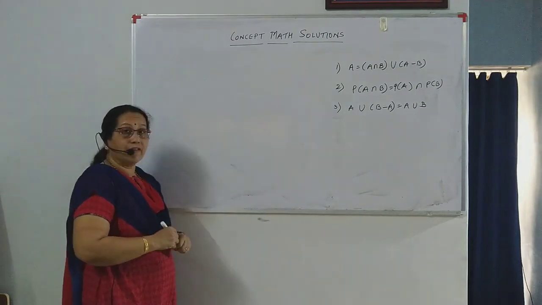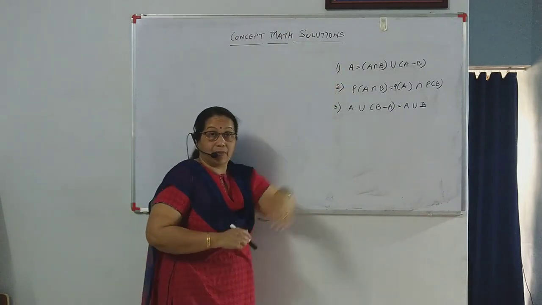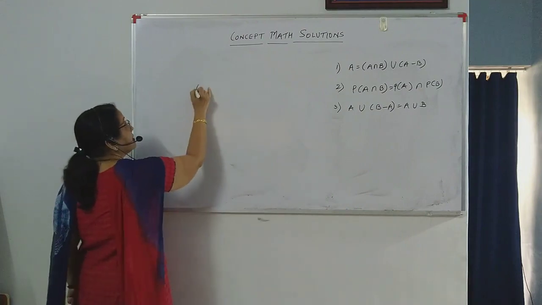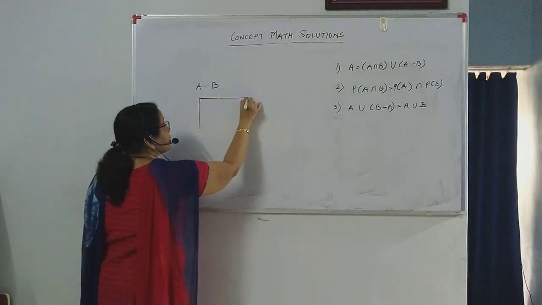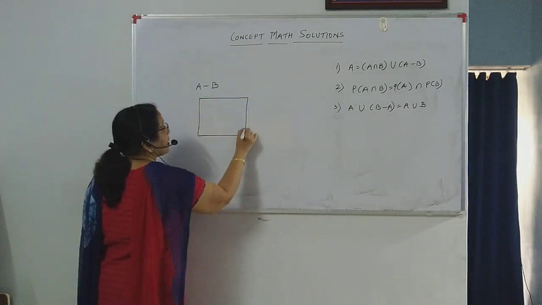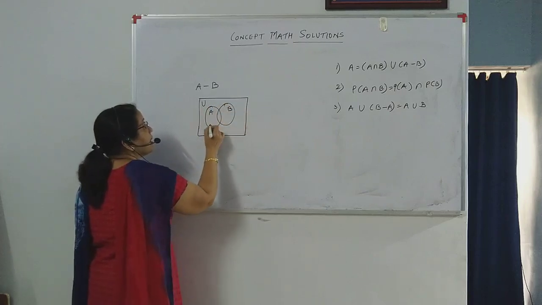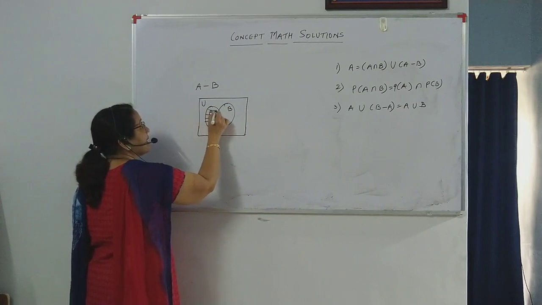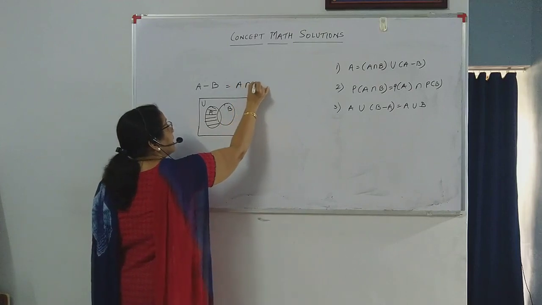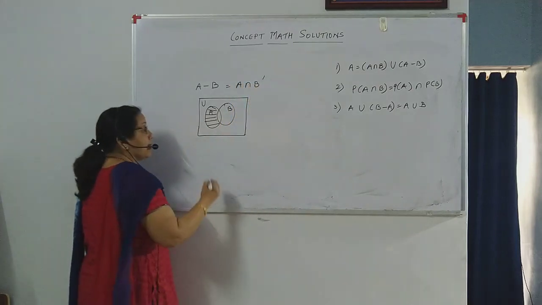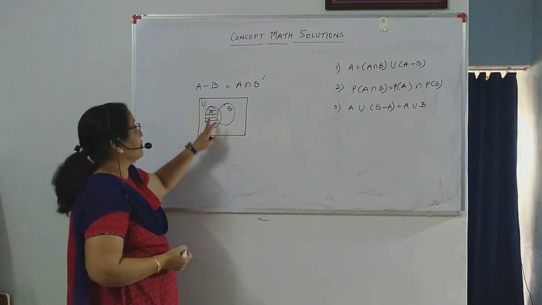So, if I look at the first statement, which is A equal to A intersection B union A minus B, before I go to that, understand A minus B is the difference of two sets, which is also called B removed from A. So, if I have this as A and this as B, B removed from A, that means this is A minus B. And this is also the same as A intersection B dash, because B dash would be everything except B and its intersection with A will be the same.